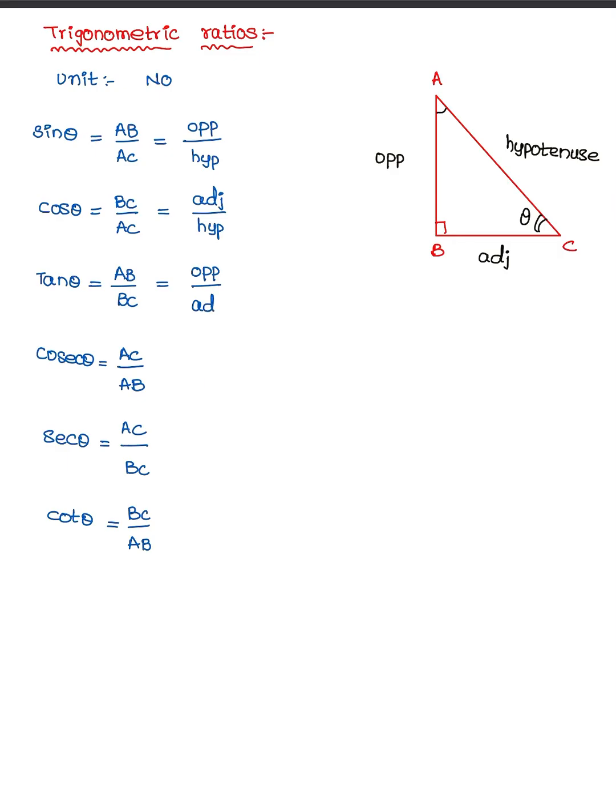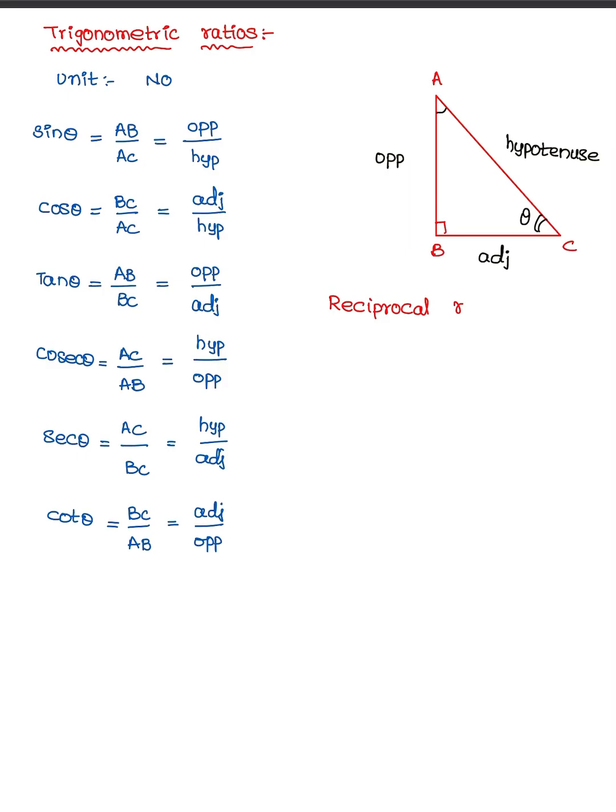Next is hypotenuse upon opposite side, then hypotenuse upon adjacent side, and BC upon AB, that is adjacent upon opposite. If you observe carefully, there is a relation between sine and cosecant, cos and secant, tan and cot. These are reciprocals of each other, so we call them reciprocal relations.